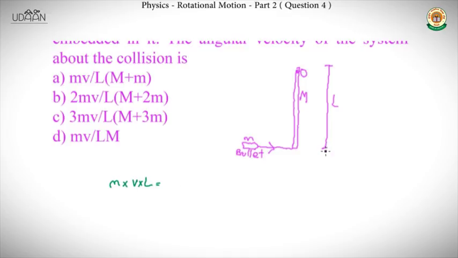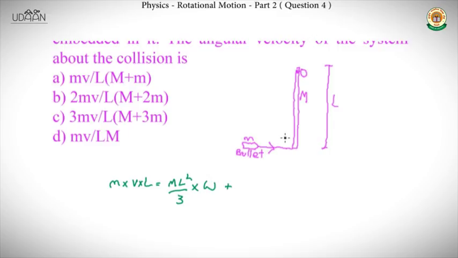Here the moment of inertia of the rod about the hinged point O is given by mL square by 3, which we had found out during the introduction, into, let's assume that the system will start to rotate with an angular velocity of omega. This plus we'll have to add the angular momentum of the bullet which is getting embedded into the rod.